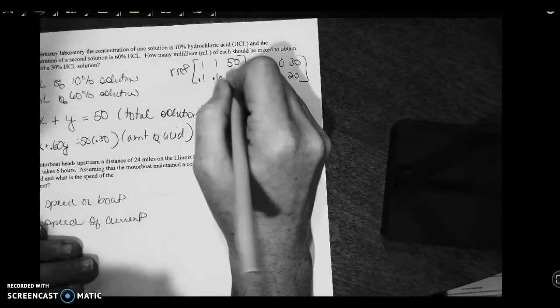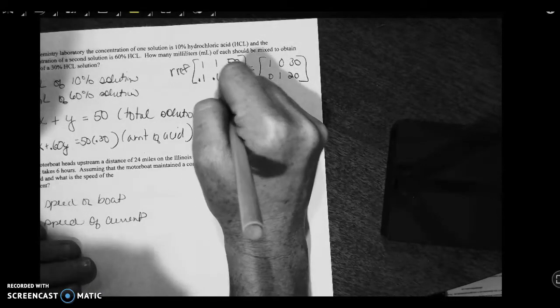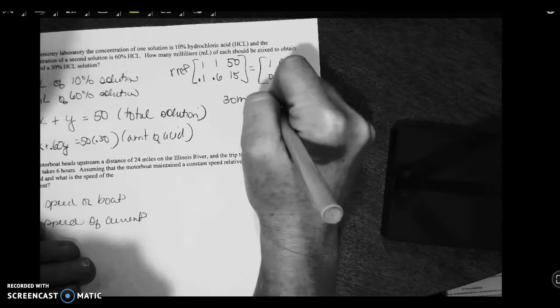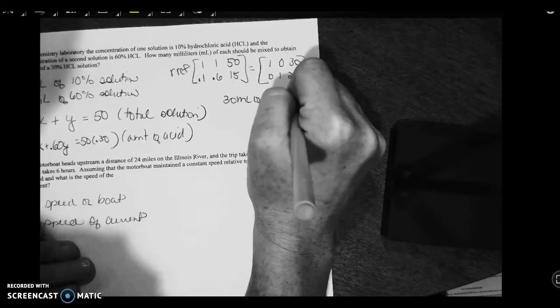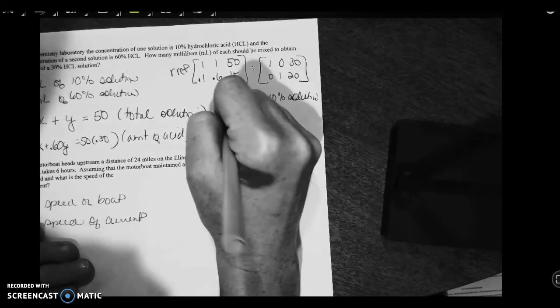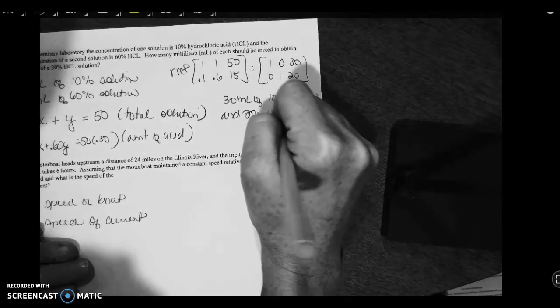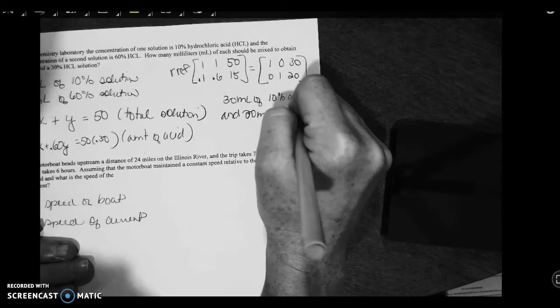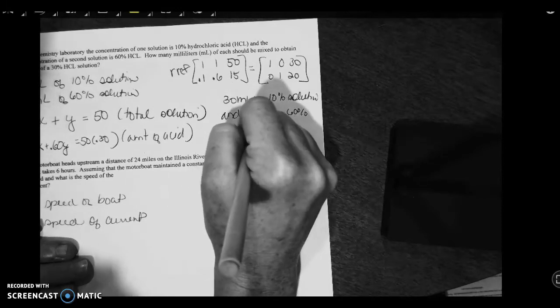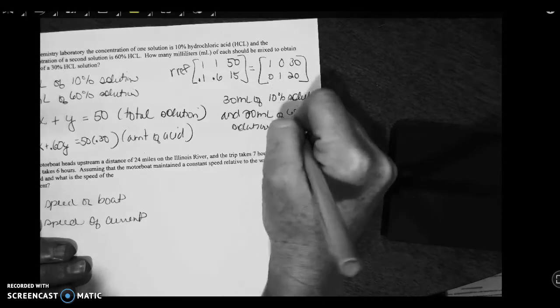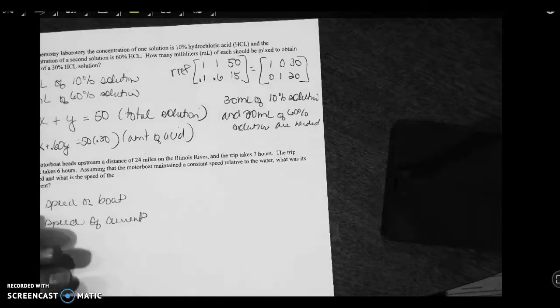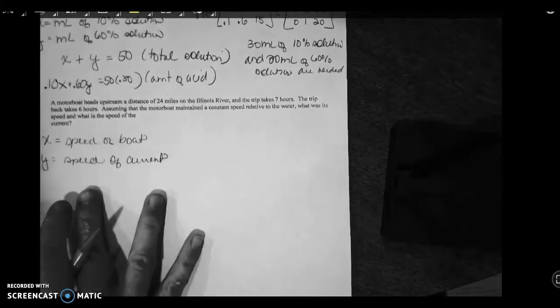So, in other words, 30 milliliters of the 10% solution and 20 milliliters of the 60% solution are needed.